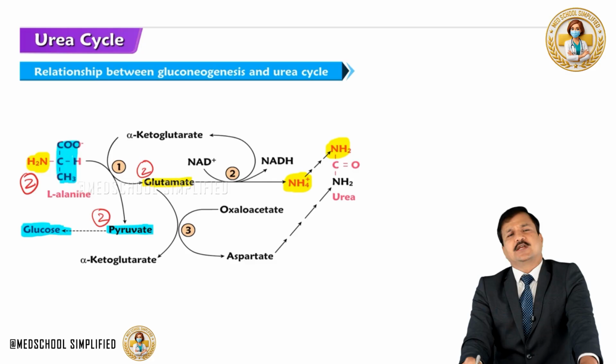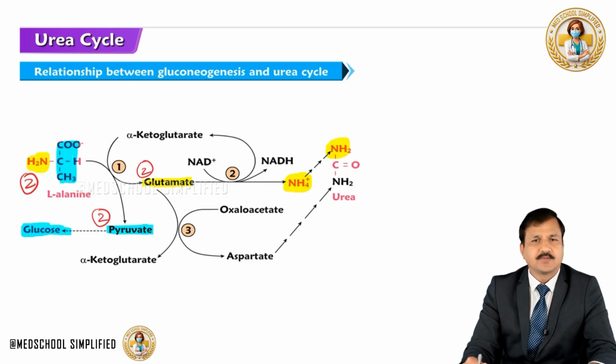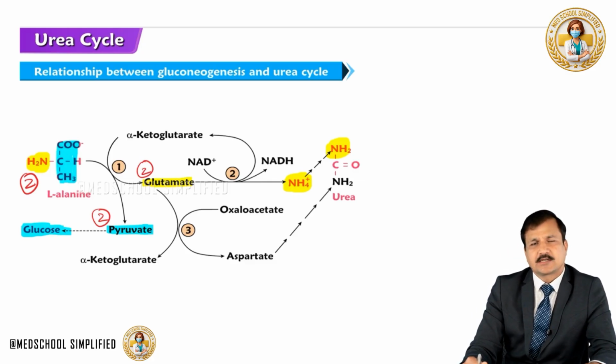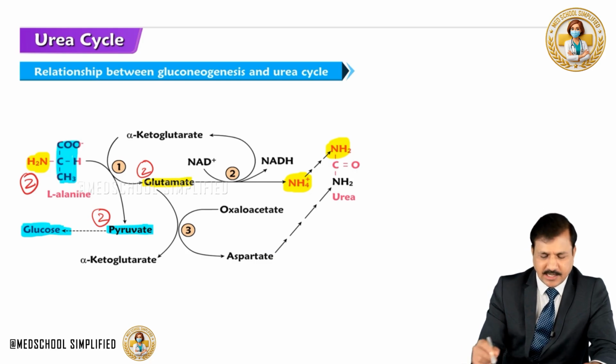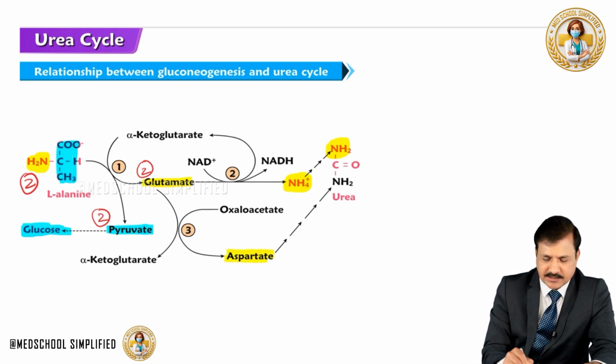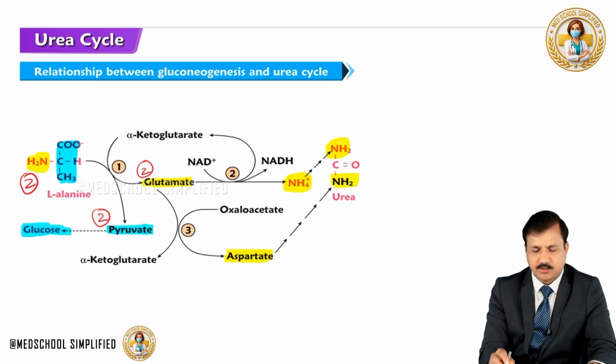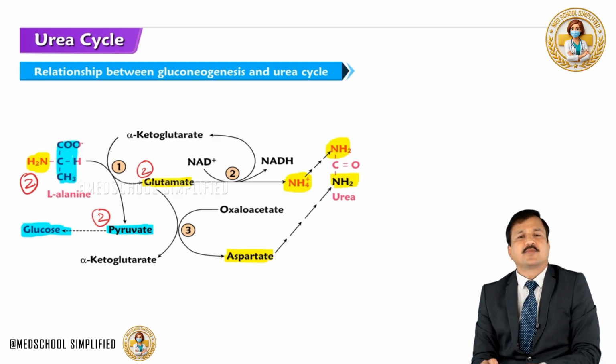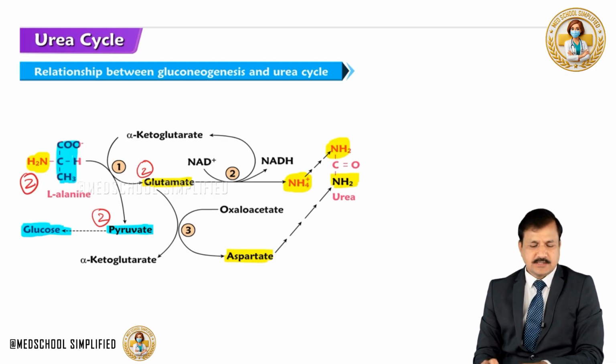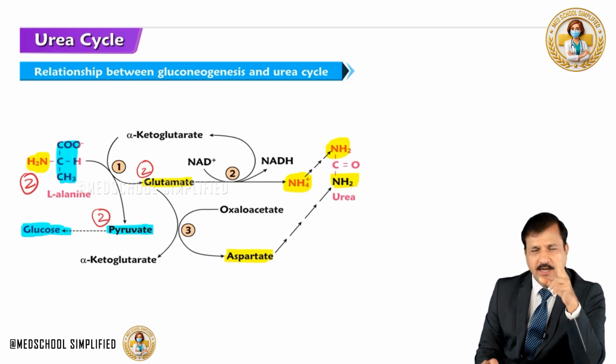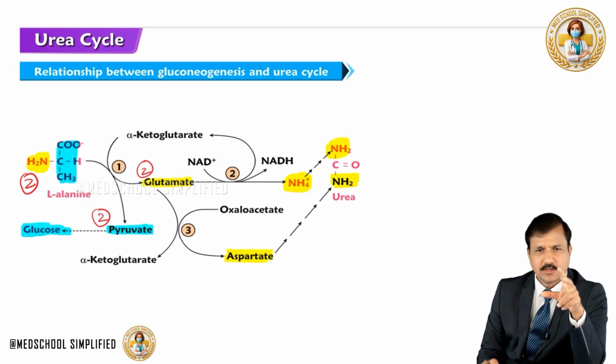Now the second nitrogen is present in the second glutamate, which is undergoing a transamination reaction with oxaloacetate to make aspartate. So the second nitrogen is there in the aspartate, and that will go into the urea cycle, contributing the second nitrogen of urea. So that means when 2 alanines undergo gluconeogenesis in the liver, we are going to get 1 glucose, and for every 2 alanine giving 1 glucose, there will be 1 urea formation.